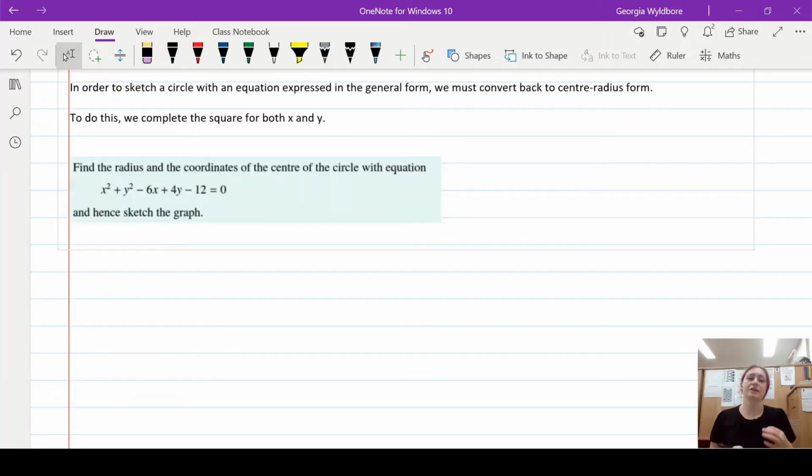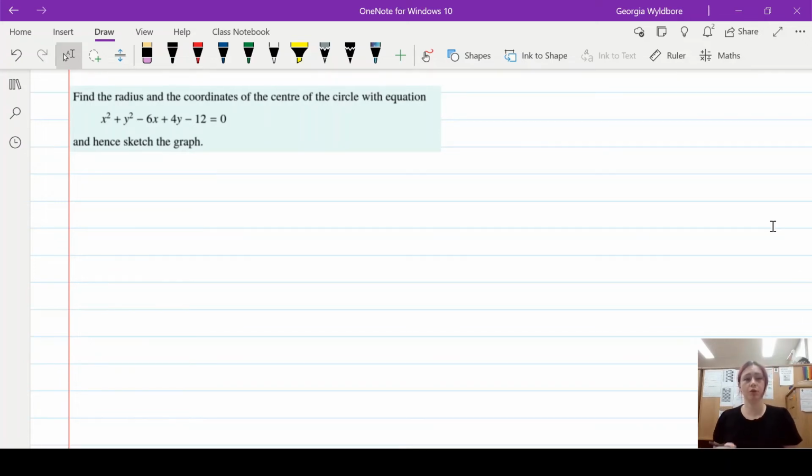So in order to sketch a graph of the circle when it's given to us in that general form, we really need to convert it back to center radius form because that's the easiest way to sketch a circle. To do this, we have to complete the square both for x and for y. So if you're not good at completing the square, now is your time to get really good at it.